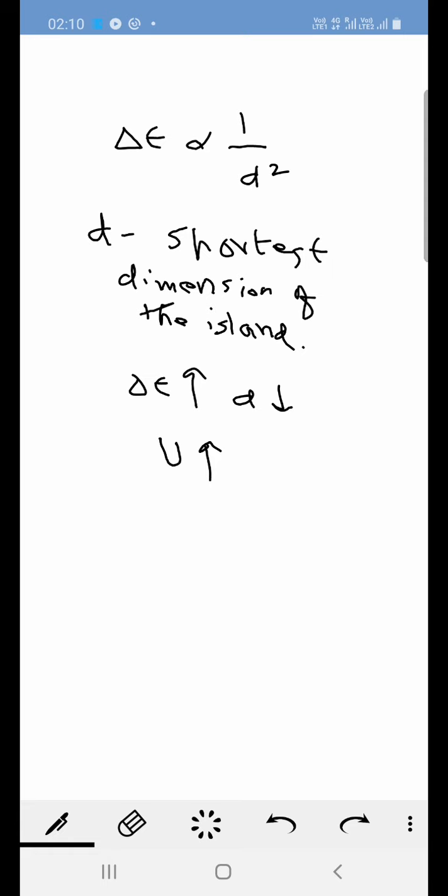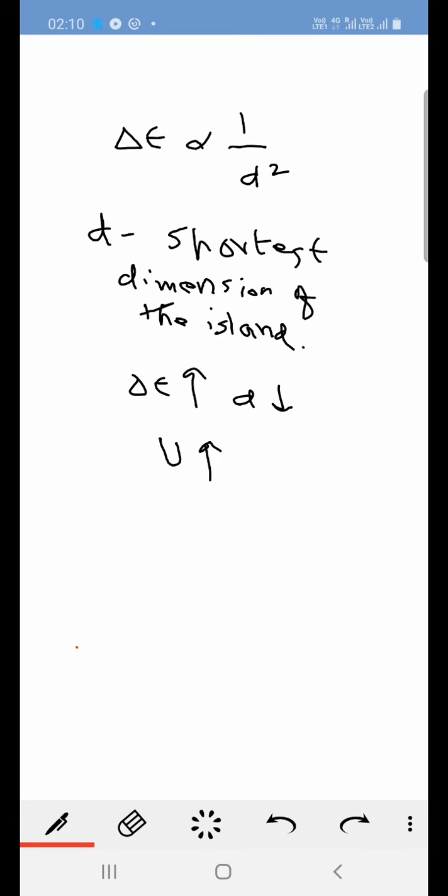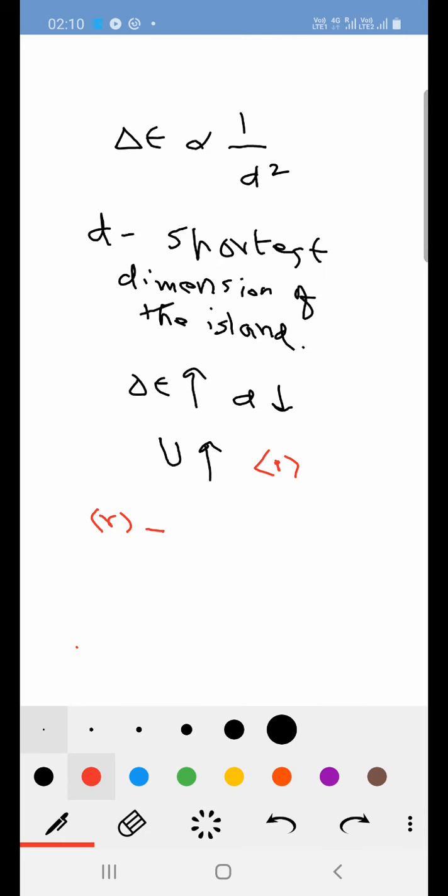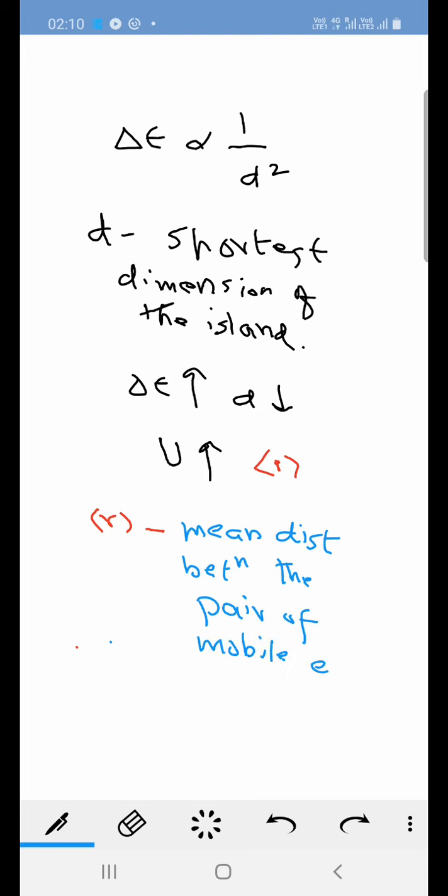So you can call it R, where R stands for the mean distance between pairs of mobile electrons. That means as electrons are squeezed together, U increases.